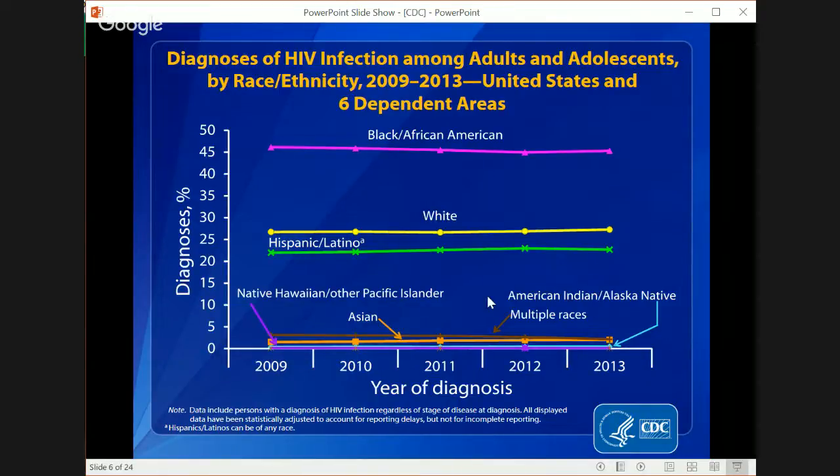And I think it's actually kind of hard here to tell. All of them look like they're declining maybe. There's an increase among whites from 2012 to 2013. Among blacks, it looks like maybe it's flatlined from 2012 to 2013.